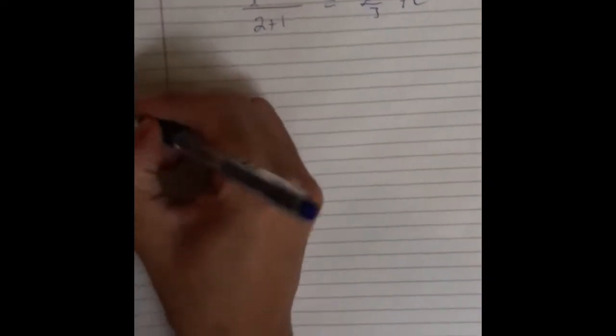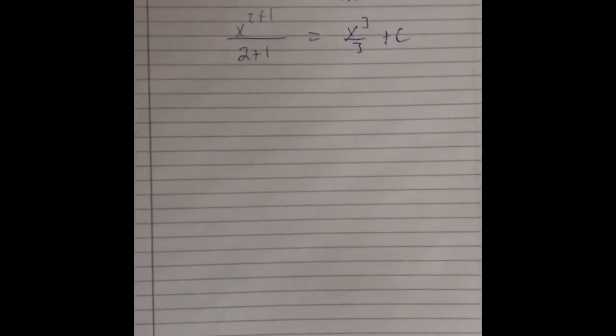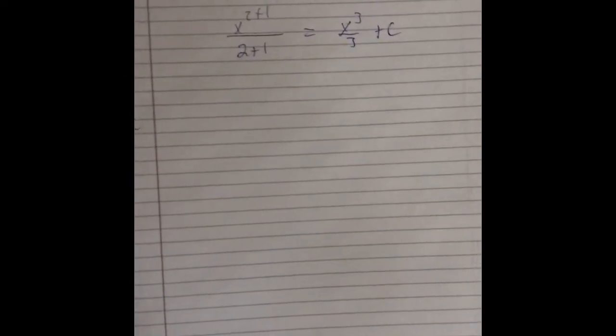Now let's move on to chapter 4, section 2. Chapter 4, section 2 deals with the other form of integration, which is integration by approximation. And this is done using summation notation.